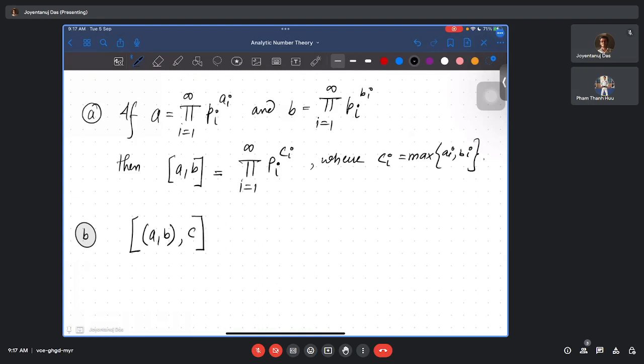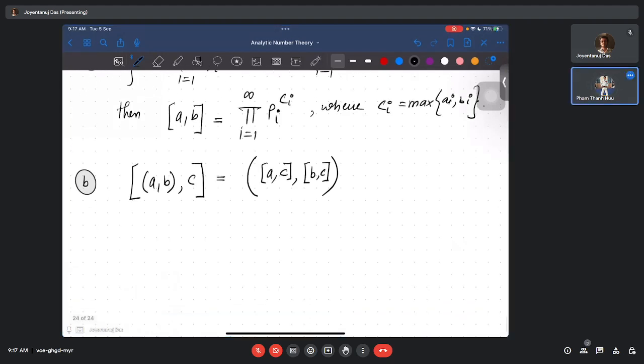This will be the same as finding the GCD of the LCM of A and C and the LCM of B and C. So this is how it works. Makes sense.